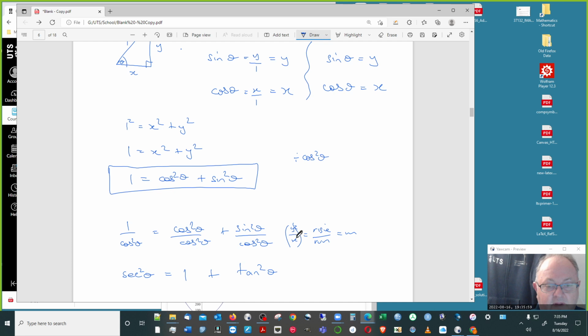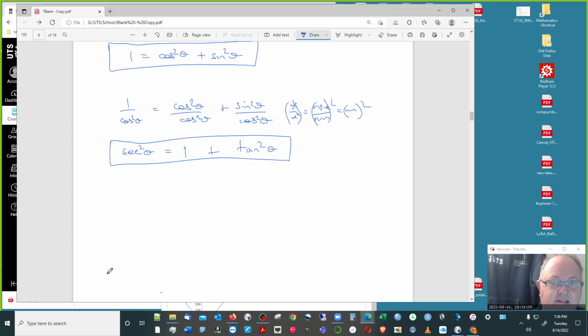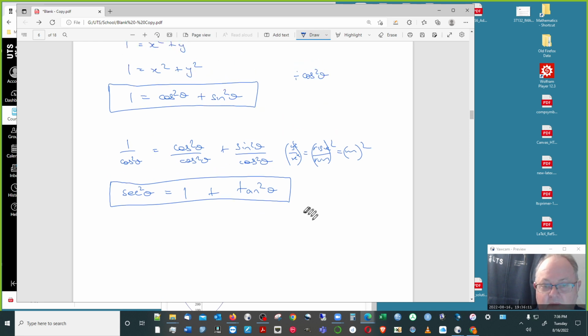That's y squared over x squared, so I should square them. Look, there's another one. Really? So let's do divide by sine squared.